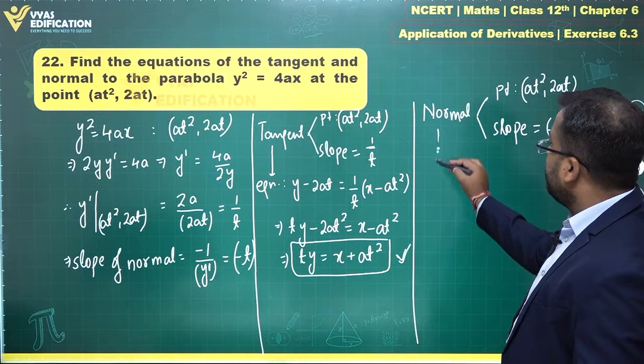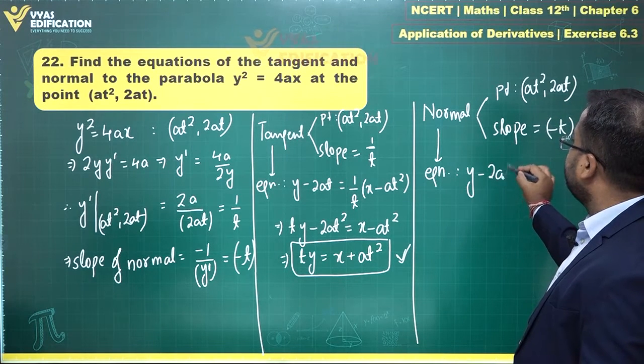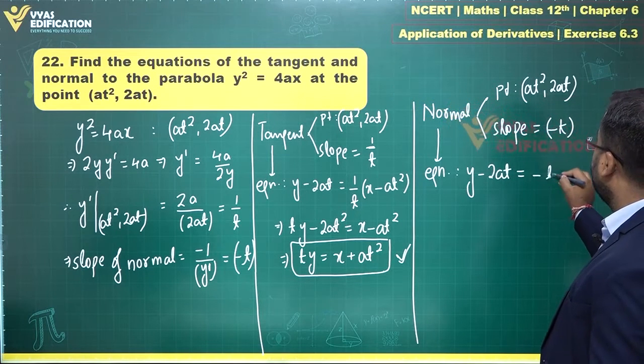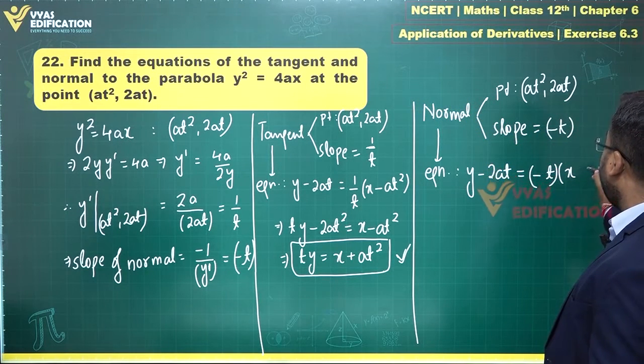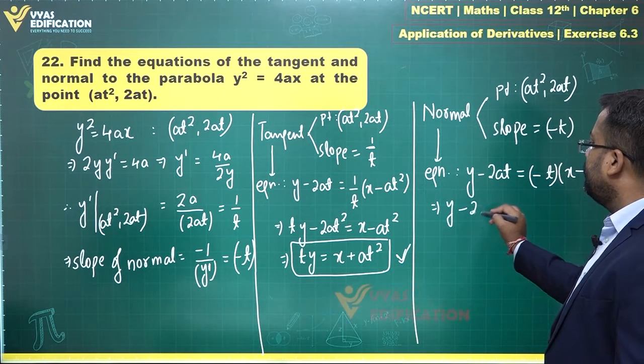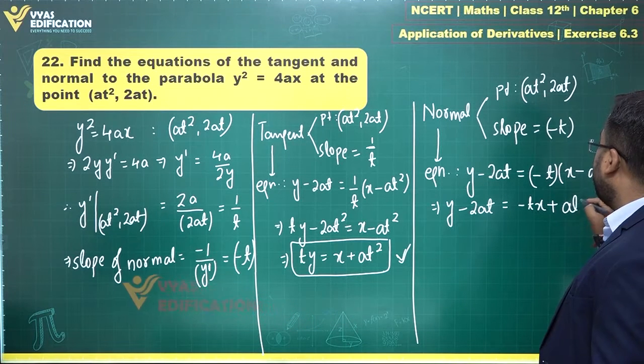Yes, the equation of the normal is very simple after that. y − y1 = slope times (x − x1), with x1 = at². Let's rearrange this: y − 2at = −t(x − at²).